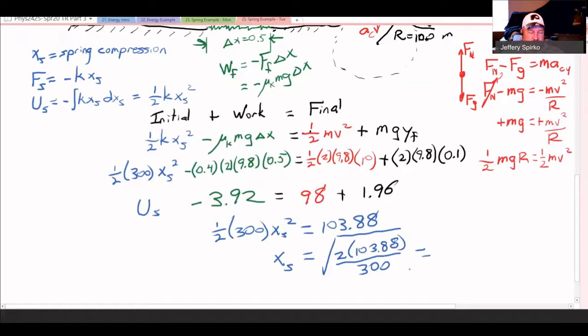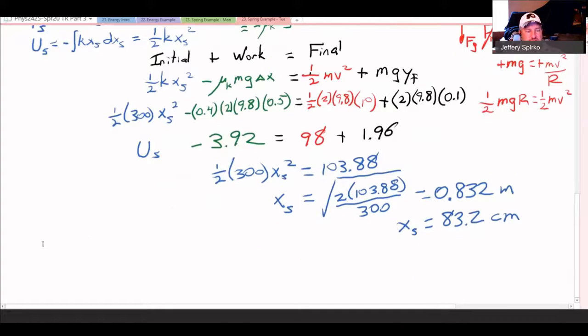So now I have the square root of 2 times 103.88 divided by 300, which is 0.832, or 83.2 centimeters. And that solves the question.